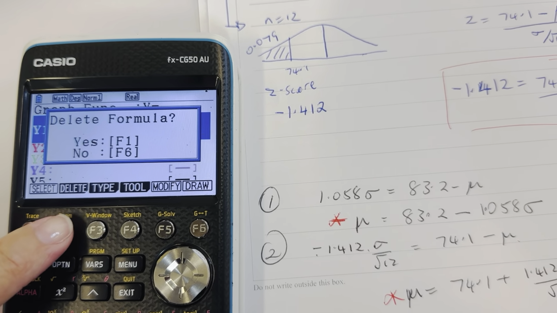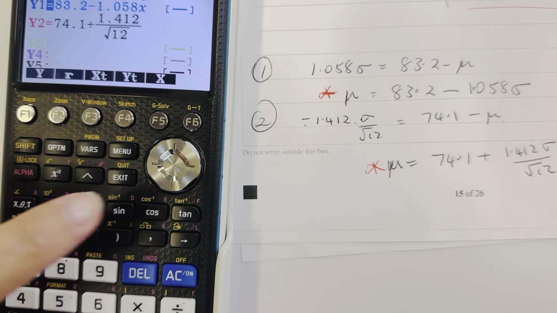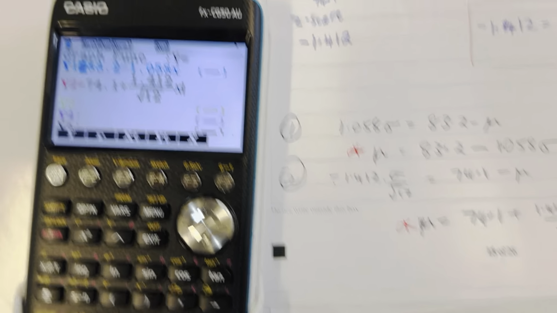So if I go in here and enter 83.2 take 1.058 x, and call that my x. And my second one is 74.1 plus 1.412 over square root of 12, times x.